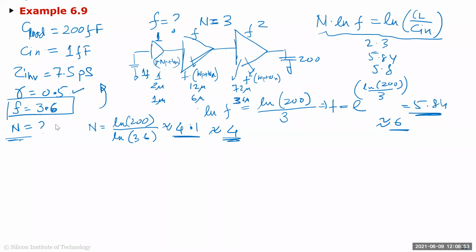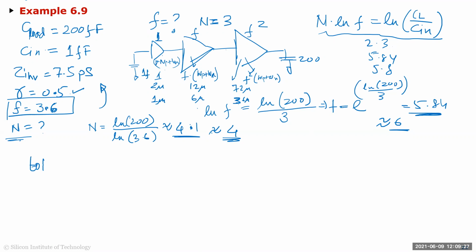Now let's calculate the delay with 3 stages, with a fan out of, what did we calculate the fan out? Roughly 6, right? And now with 3.6, the 4 stages. So let's calculate the first one. Let's take the total delay of the first one.